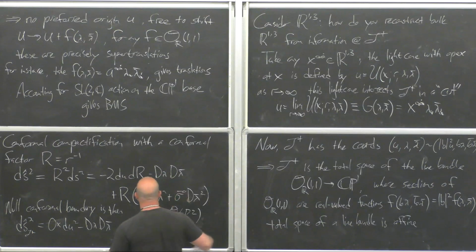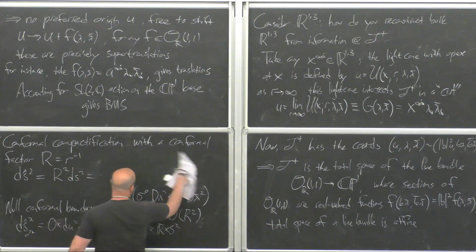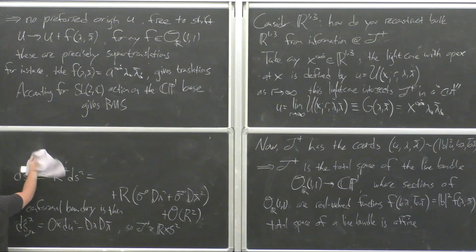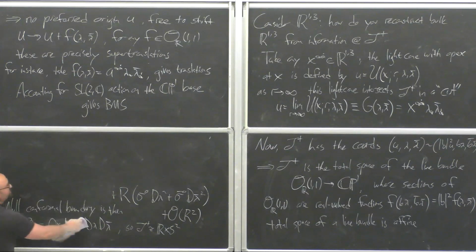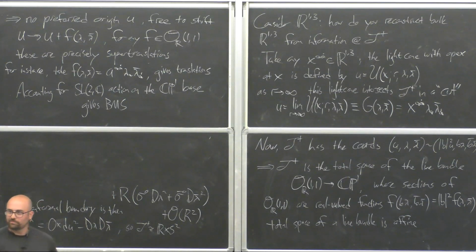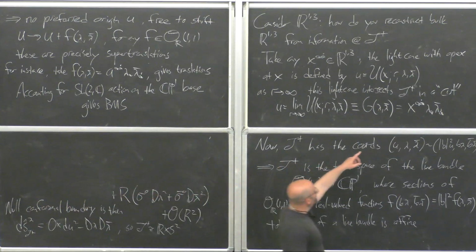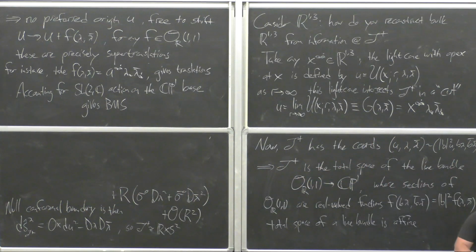So okay, points in Minkowski space correspond to cuts of scri with cut functions that look like that. Okay? The question is now, is there some kind of intrinsic way we can characterize cut functions that look like this?